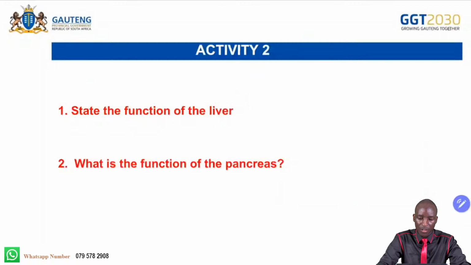All right. Now we come to the last activity, which is activity number 2, with only 2 questions. Number 1 says, state the function of the liver. Remember that the liver has got a number of functions, so write as many as you can for that question. Number 2, what's the function of the pancreas?